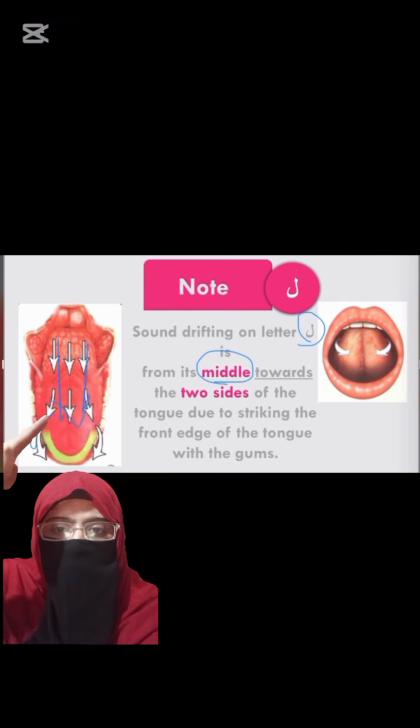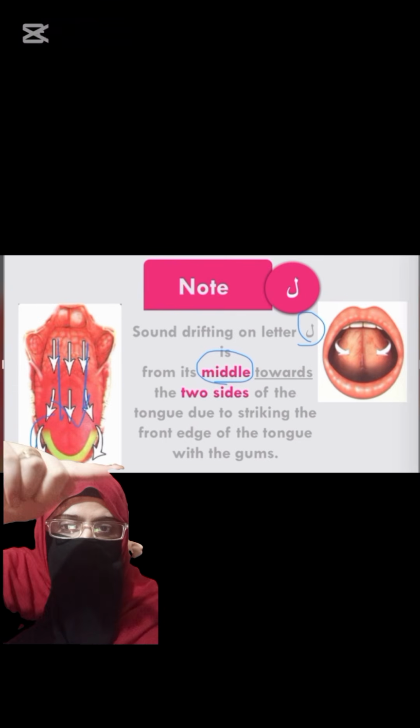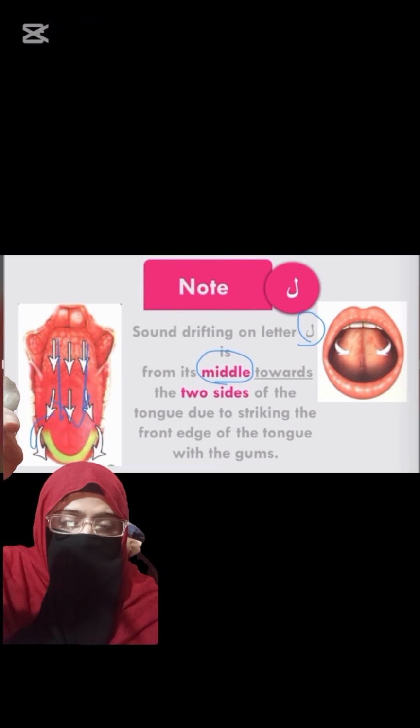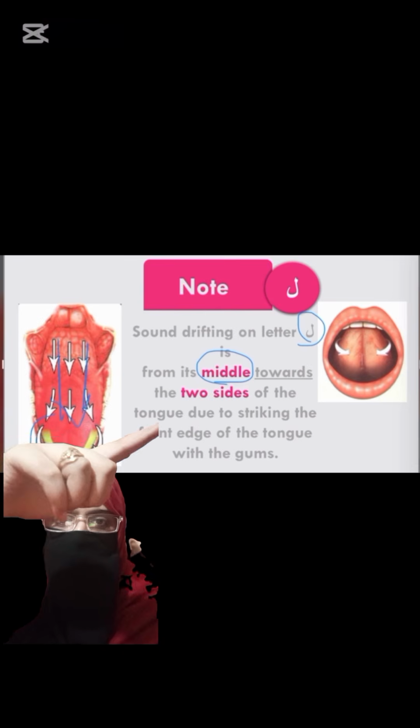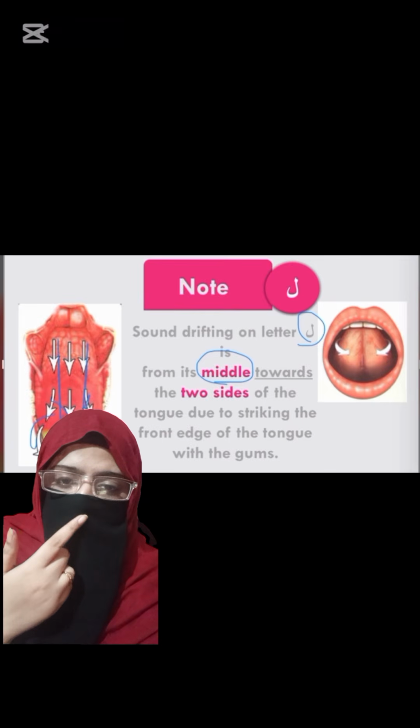The air runs and passes away on the sides, and the front edge of the tongue touches the front gum area behind the teeth.